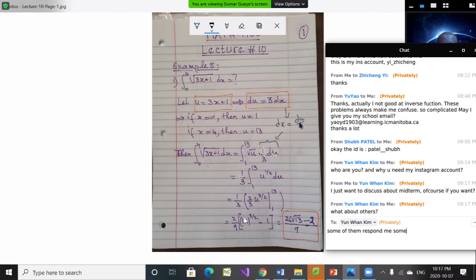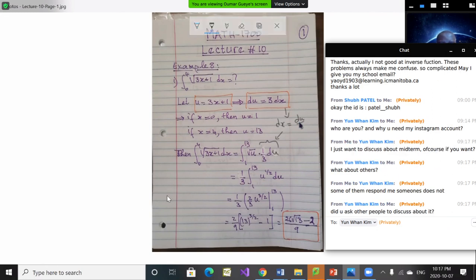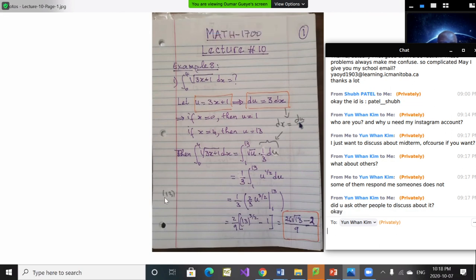But 13 to the power 3 by 2 is equal to 13 root 13. You guys can see it here. 13 to the power 3 by 2 is exactly equal to 13 to the power half, to the power 3.